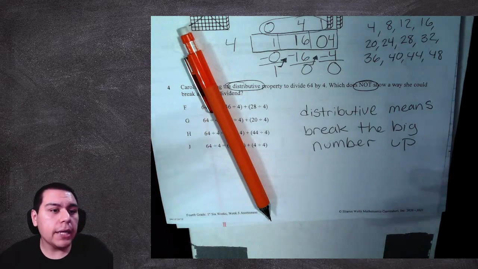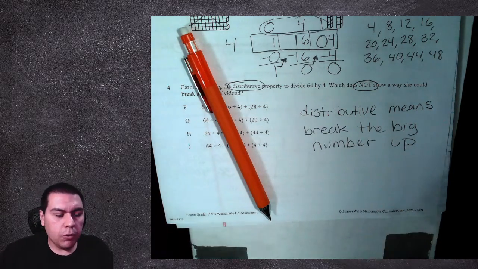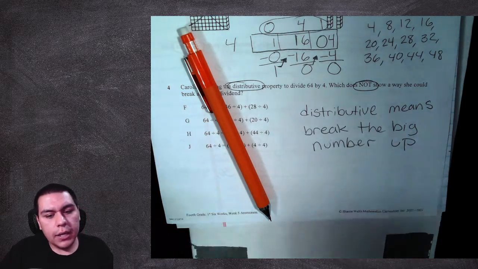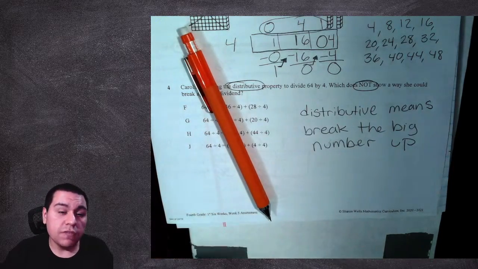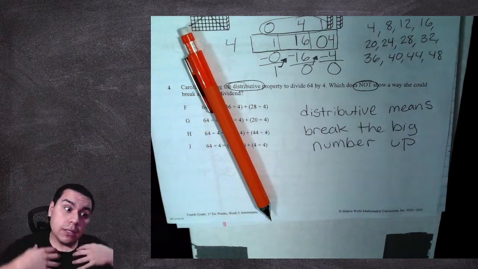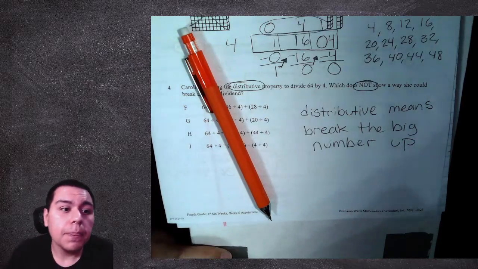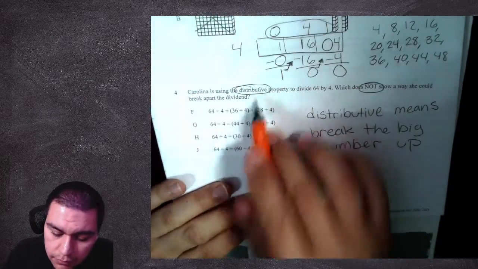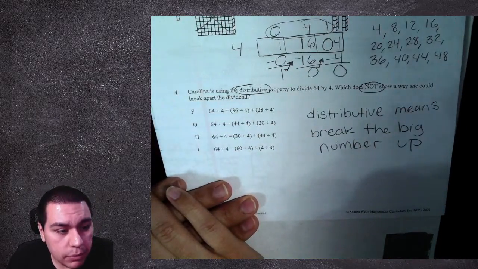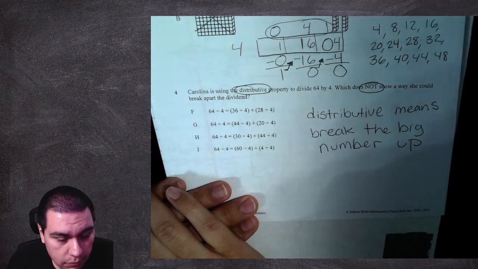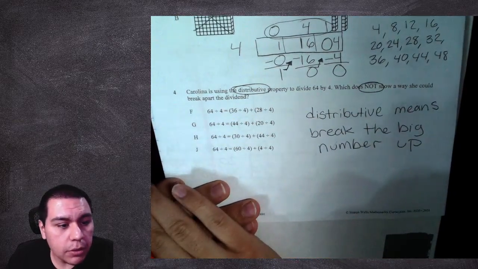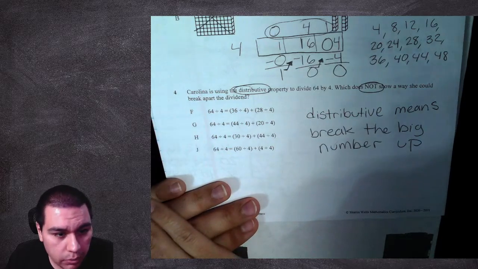The big pancakes. People normally take a fork and a knife and break it up into smaller pieces, because if you try to eat the whole pancake, it'd be kind of tough. They do the same thing with numbers. They break up the big number to make it easier to work with.